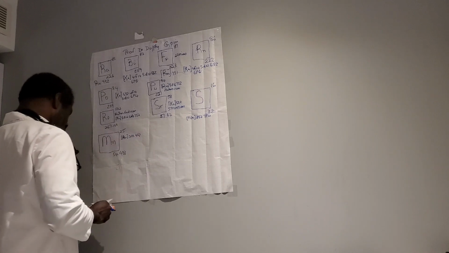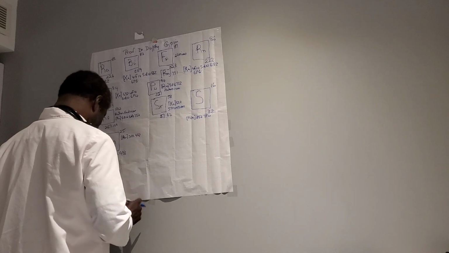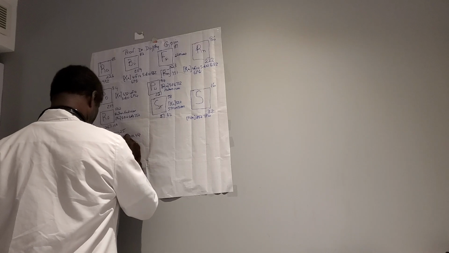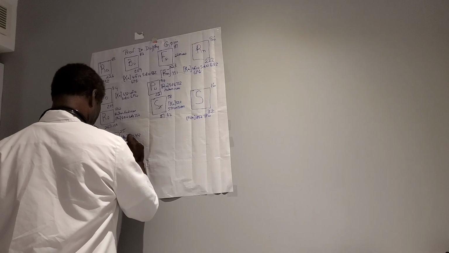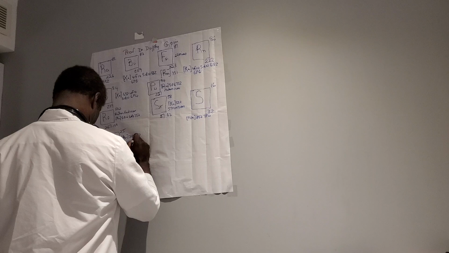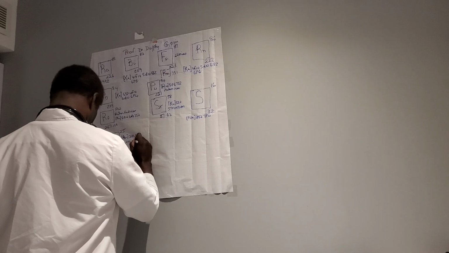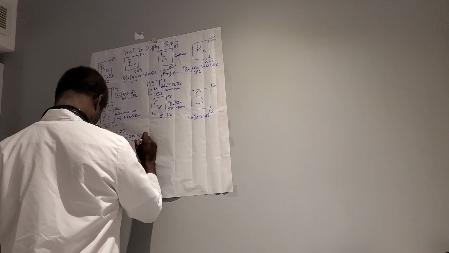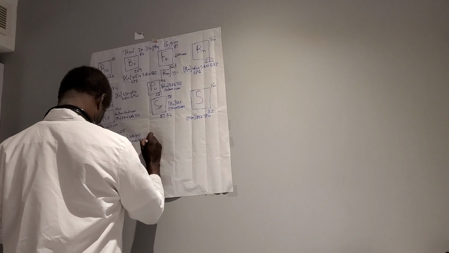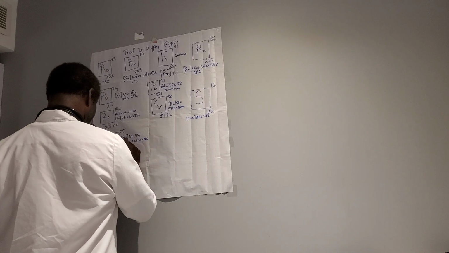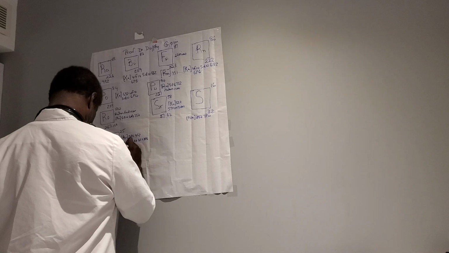And if you want the total ground state of manganese here, it will be 1s2, 2s2, 2p6, 3s2, 3p6, 3d5, 4s2.